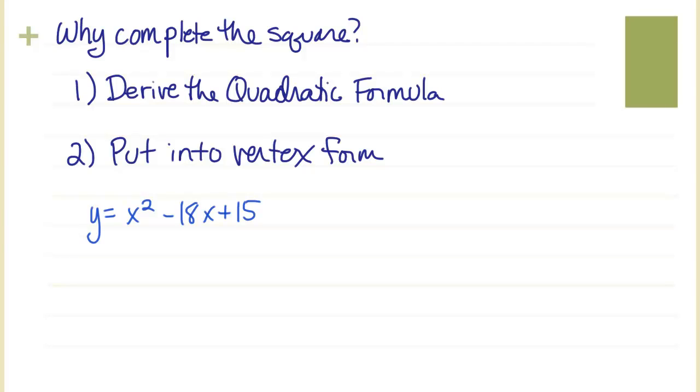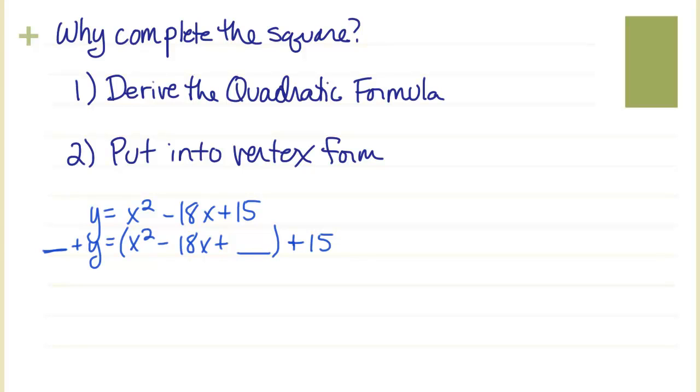Instead of moving this to the other side of the equal sign, we're just going to move it off to the side. And we're going to, once again, come up with a new c and just add that to both sides.